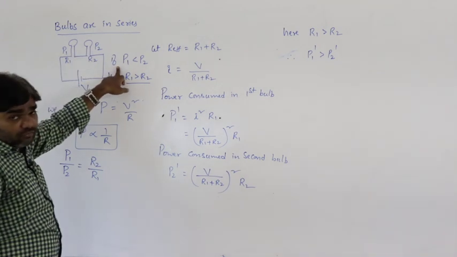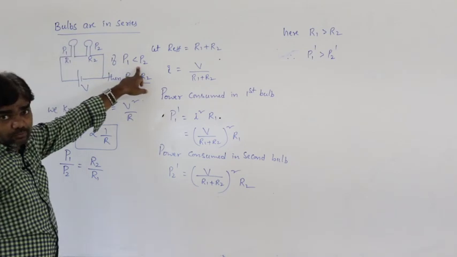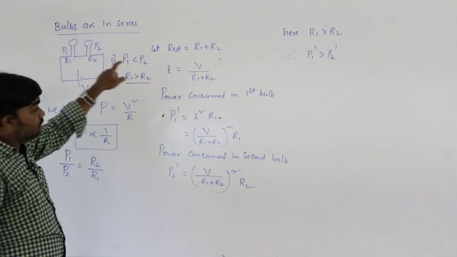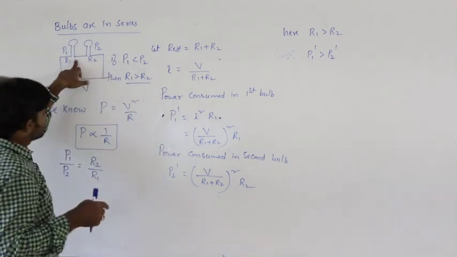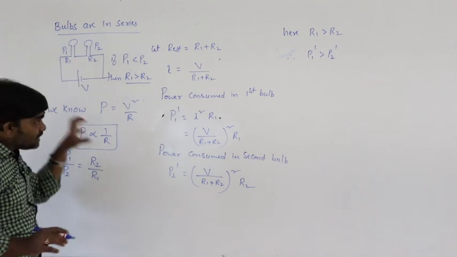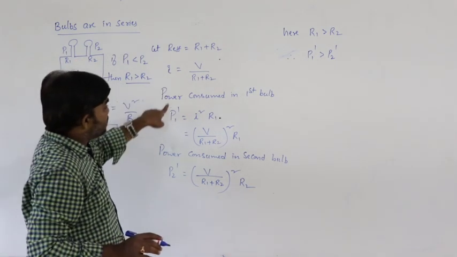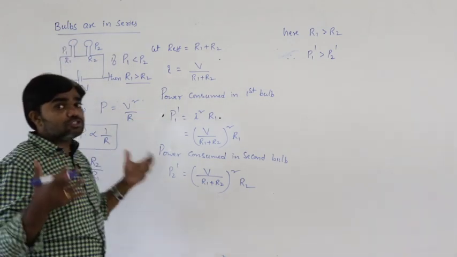Initially we considered P1 is less than P2. But finally we got that the power consumed in the first bulb is greater than the power consumed in the second bulb. That's why in series combination, the low wattage bulb glows brighter.